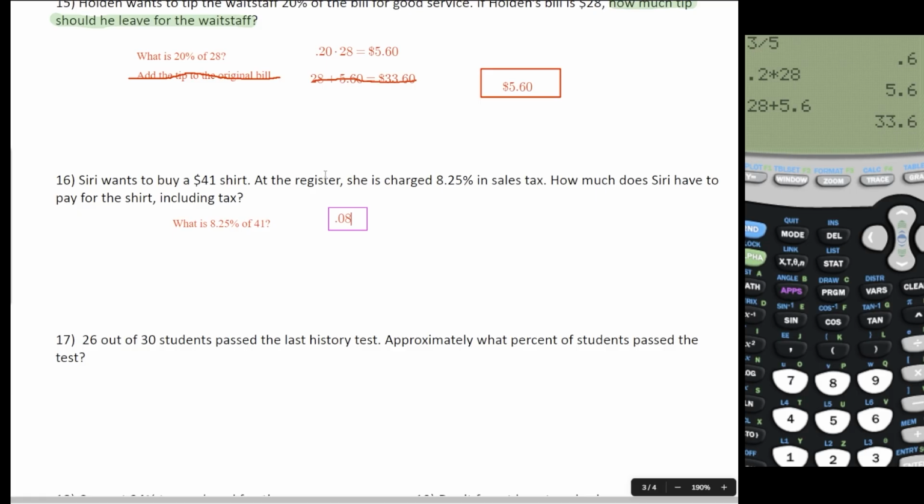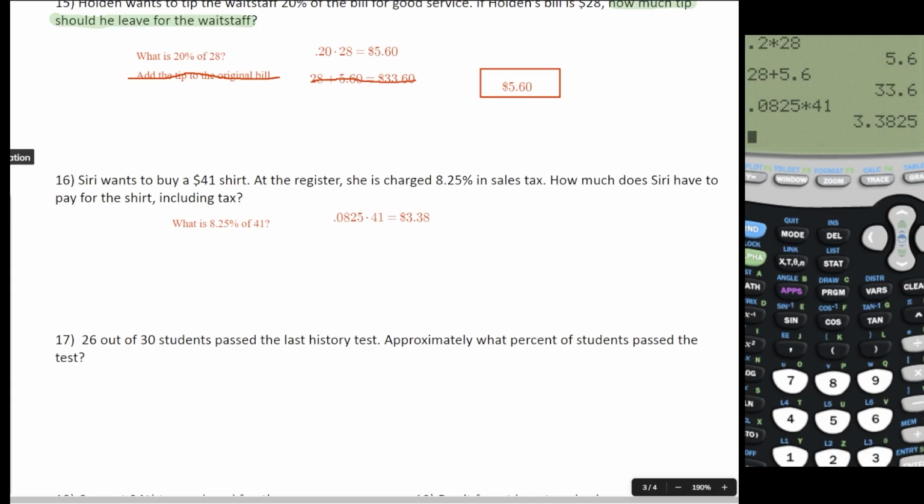So 0.0825 is 8.25% as a decimal, times 41. So 0.0825 times 41. Okay, so we've got 3.38. We're going to round down here. When we talk about money or dollar amounts, we do not go past the hundredths. So this is going to be our tax.